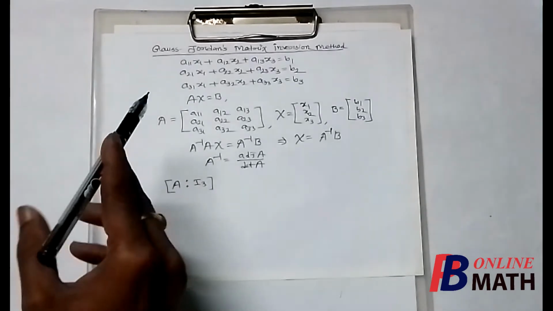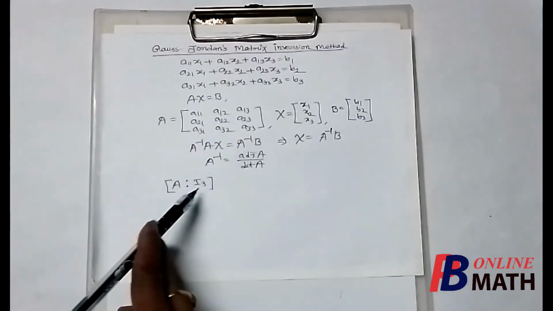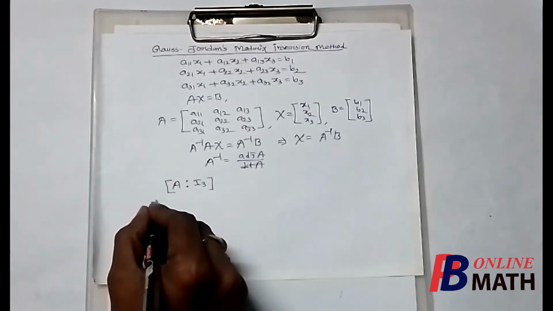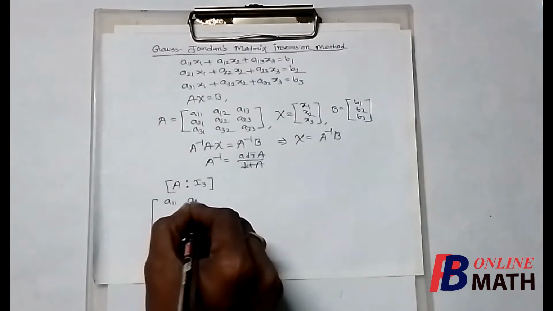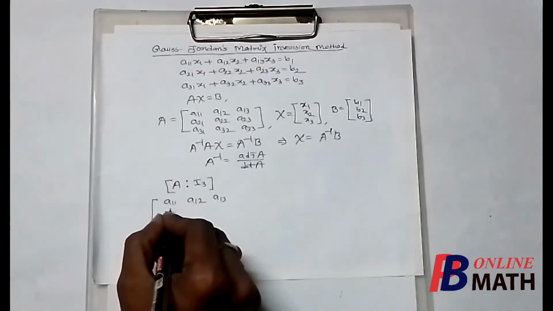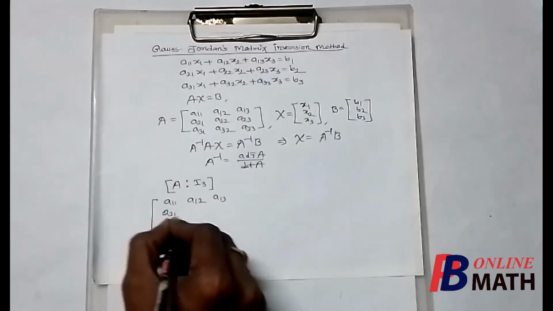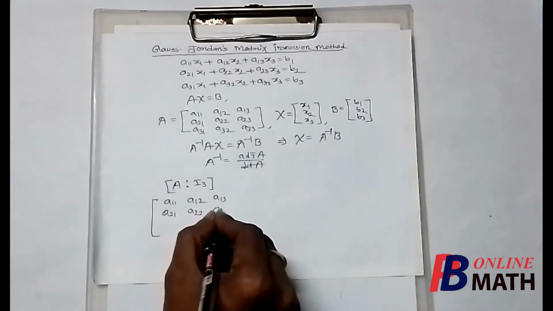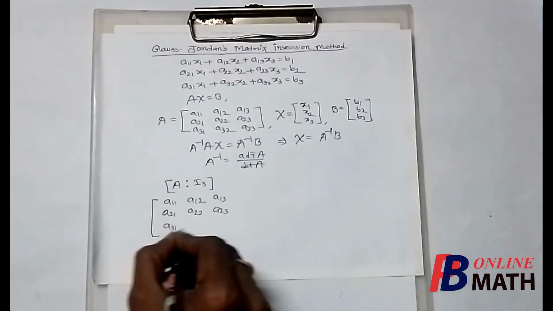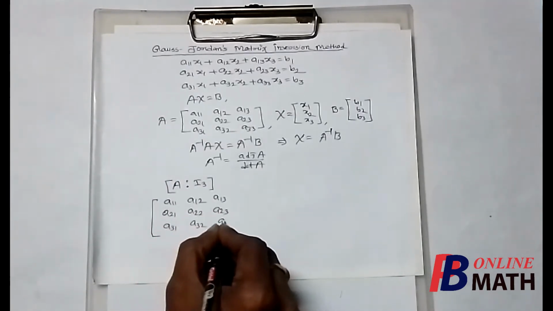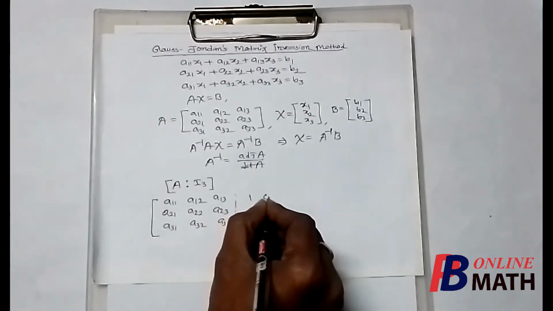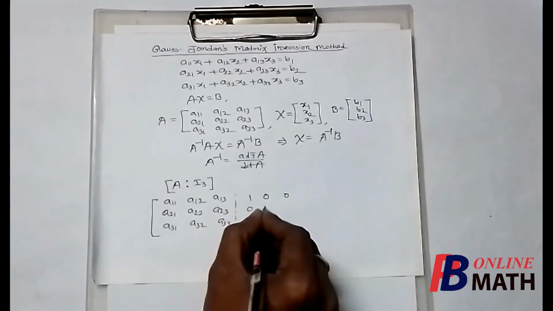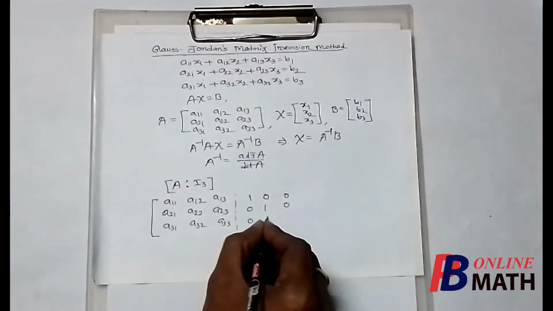In case of n variables or n equations, we consider In here. So that the augmented matrix is A11, A12, A13, A21, A22, A23, A31, A32, A33. This is the A matrix, and we consider the identity matrix 1, 0, 0, 0, 1, 0 and 0, 0, 1.